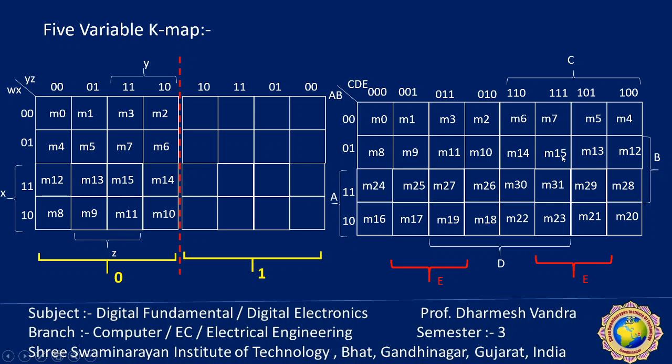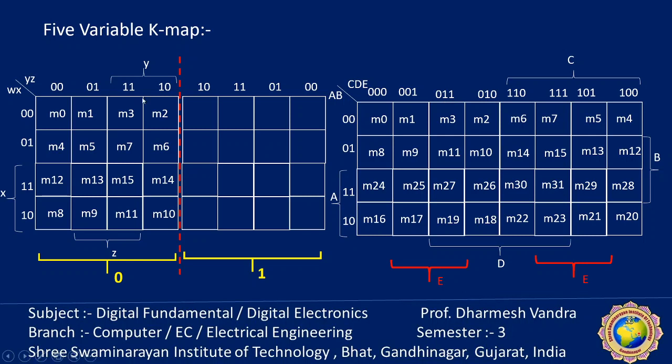You should always remember that we are following the Gray code. 0 0 0, only one bit can be changed, so start from the LSB side: 0 0 1. Now I cannot change 2 bits at a time. If 1 is replaced by 0, it is already repeated, so it is not allowed. So I go for the next bit on the left-hand side. It becomes 0 1 1, as we already discussed in the Gray code and reflected code method.